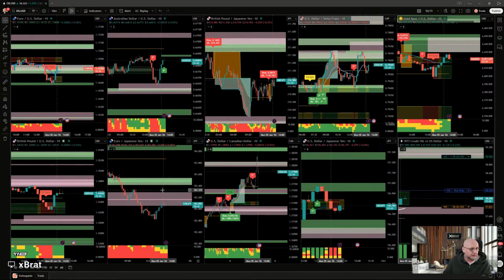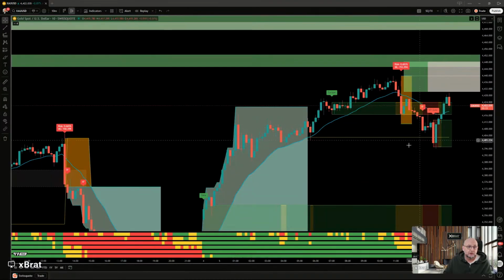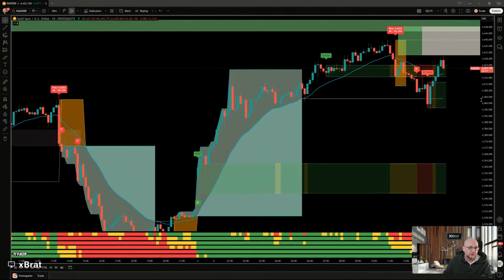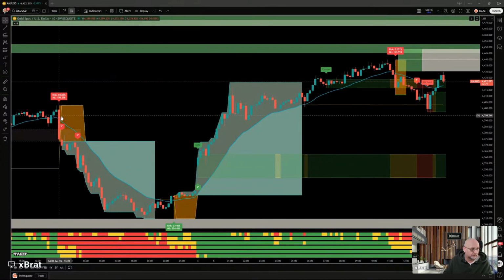I've got all of these other forex pairs on here. Also gold as well. We can see on gold here we've had some pretty good trades last week with confluence, this short down here, bounced off this 6-minute zone and a nice long here. It's been pretty muted this morning during the European Open.